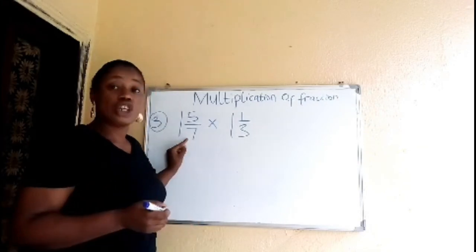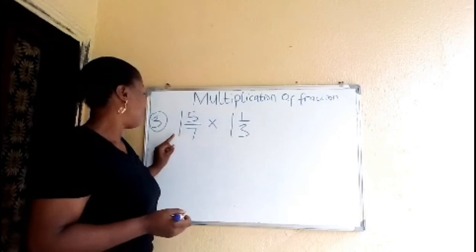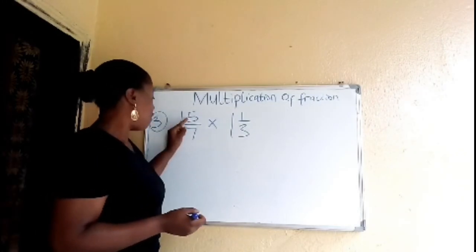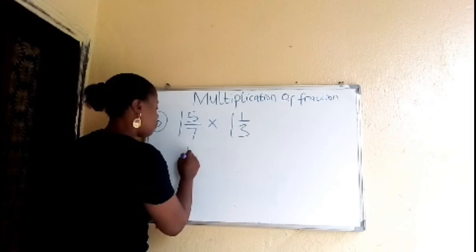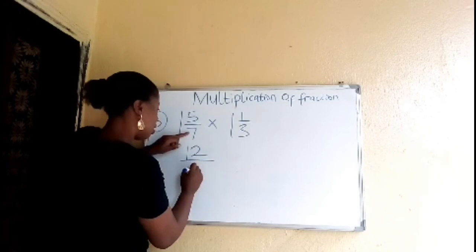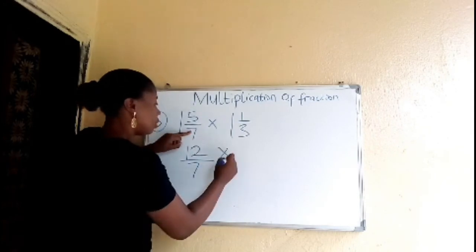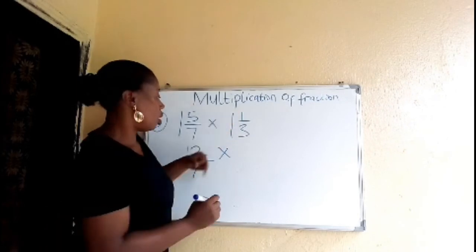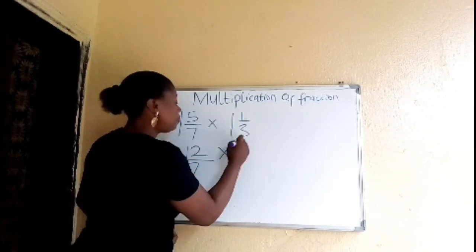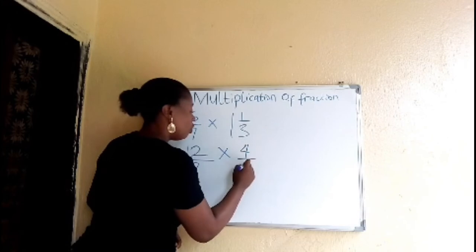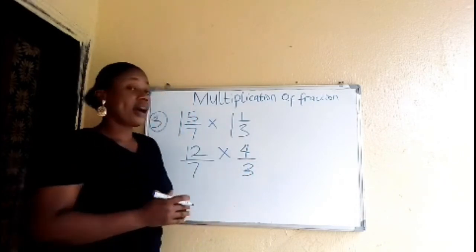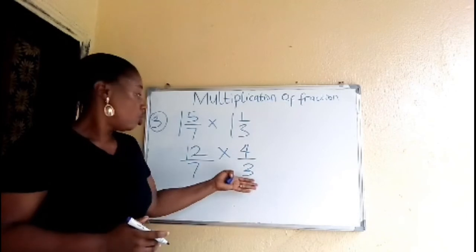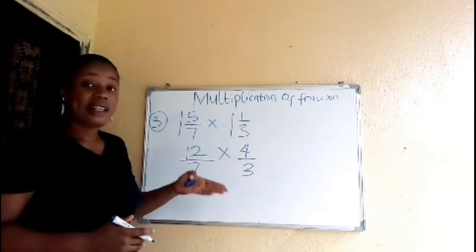Let us change this to an improper fraction. 7 times 1 is 7, and 7 plus 5 is 12 over this denominator. 3 times 1 is 3, and 3 plus 1 is 4, all over 3. So now we can go ahead and check if they have multiples among them so that we can divide.